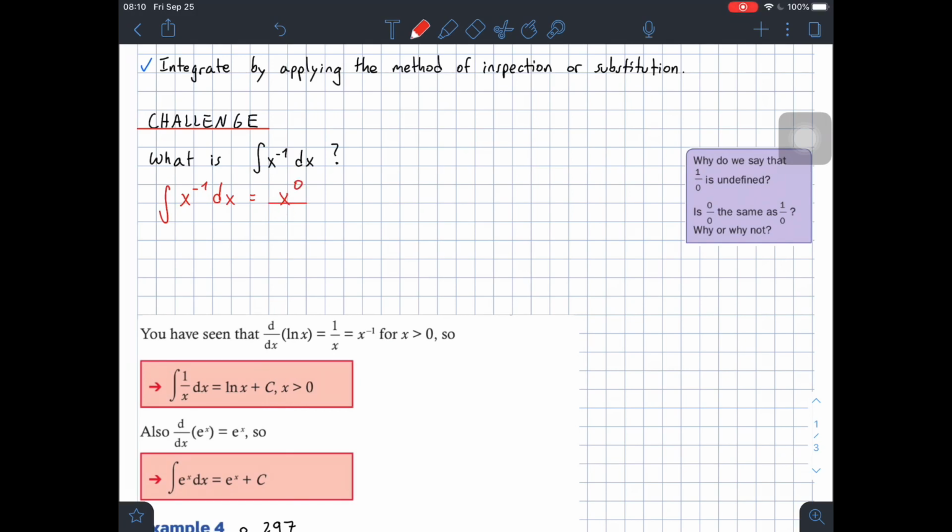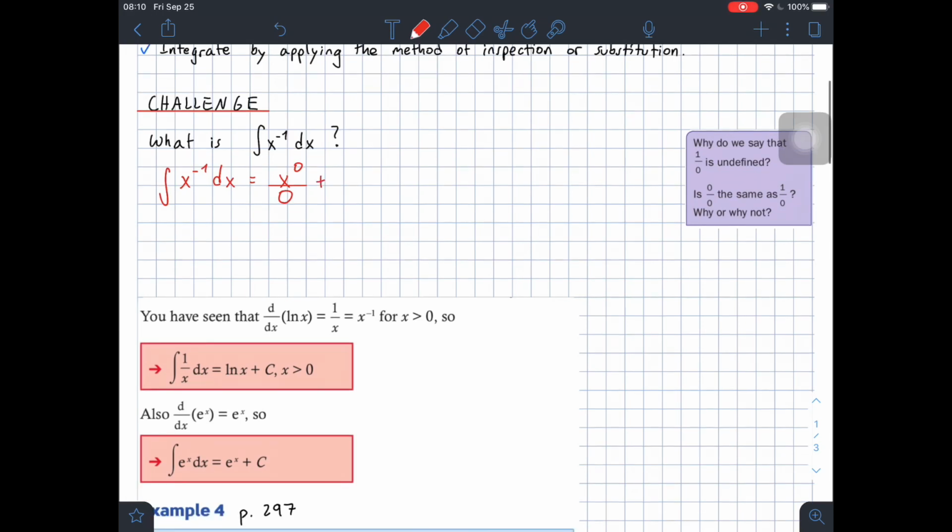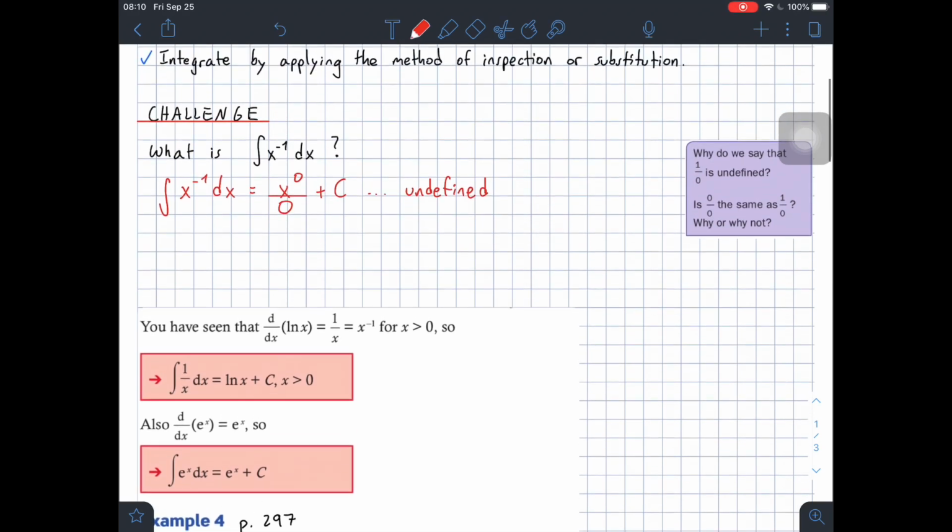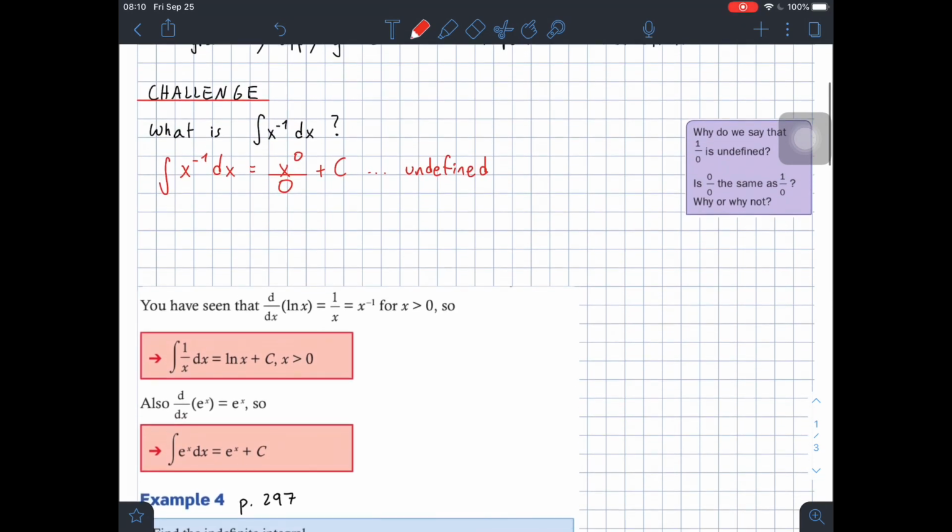But if you remember, any number divided by 0 is undefined, right? So I'm going to write plus c because this is an integral. So this is undefined. We can never have 0 as our denominator.